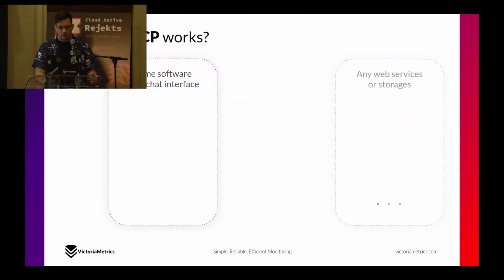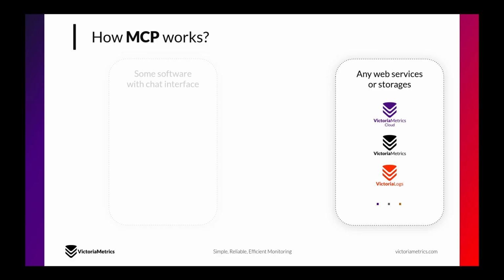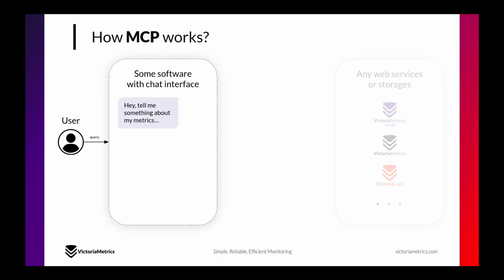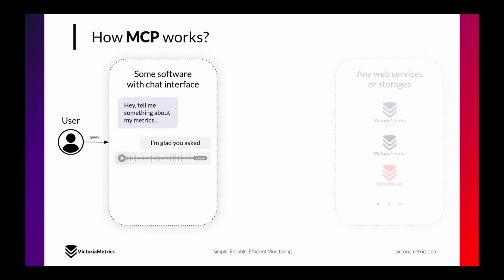And so what this looks like in practice is we'll have some chat interface or agent software, and then we'll have external services or tools that we'll want to have access to. Then you'll prompt the tool to say something like, tell me about the current firing alerts, or tell me about this metric. It'll do some thinking, reach out to your metric solution, and then give you a response based on that tool.